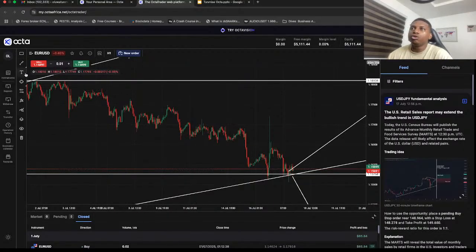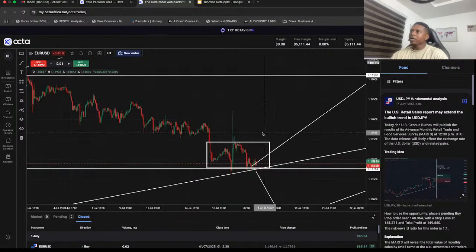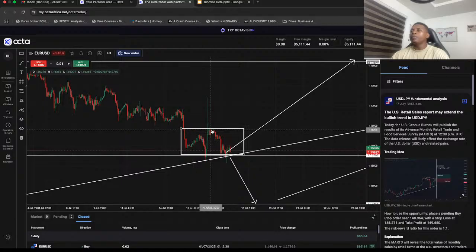Now, what I'm going to do is put this here, and I would set my buy order above this rectangular shape, and I would set my sell order below this rectangular shape.